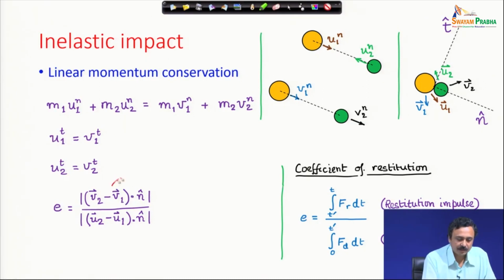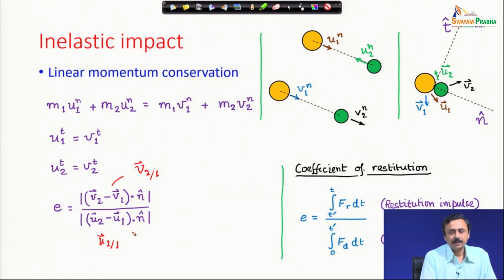This dot the n cap, the unit normal vector, sits in the numerator. So, this is the outgoing velocity. V2 is the outgoing velocity of particle 2 minus V1 is the outgoing velocity of particle 1. In the denominator sits u2 minus u1, which is u2 relative to 1, this vector dot n cap, and the mod value is taken.